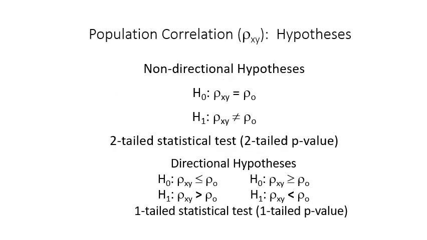Okay, the next thing we're going to do is correlation. I'm going to go a little bit quicker on this because this lecture is already longer than I'd intended. So in this, again, just like before, we get the directional and non-directional hypotheses, but in this we are using our correlation population symbol, so the correlation of XY, and then this is our hypothesized correlation.